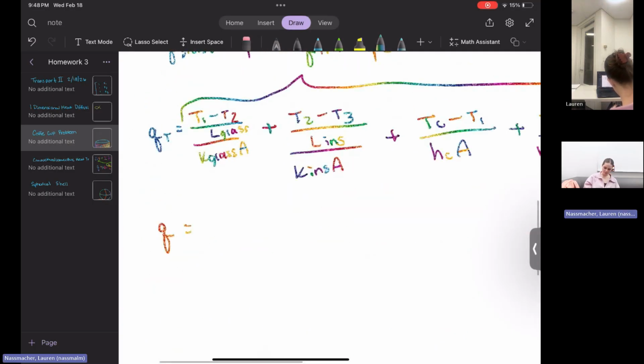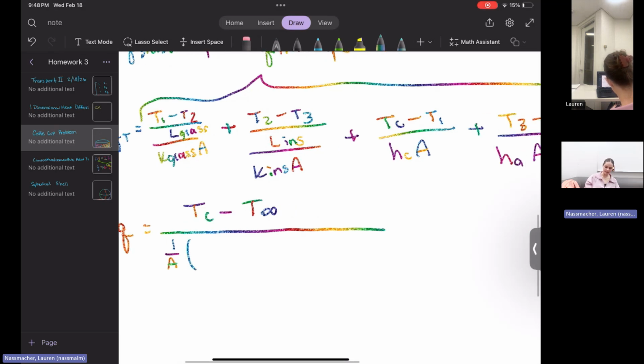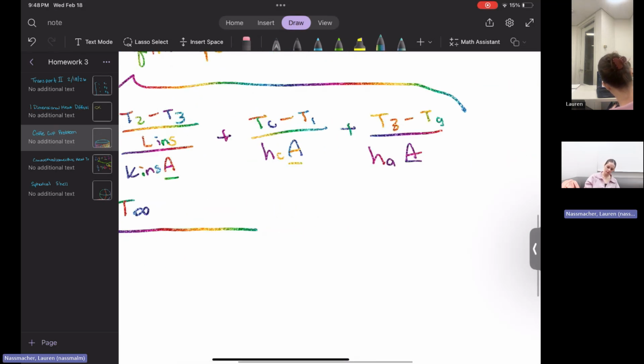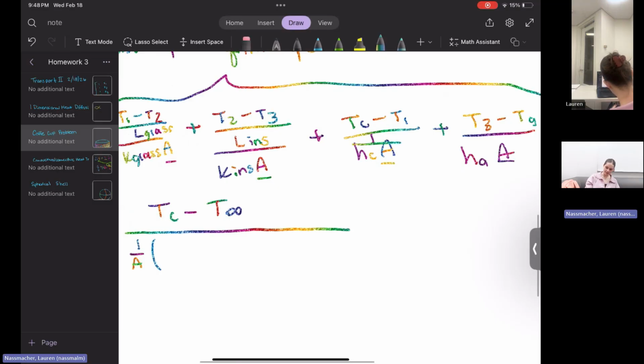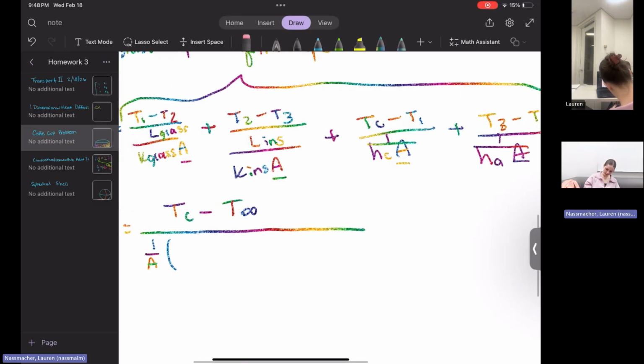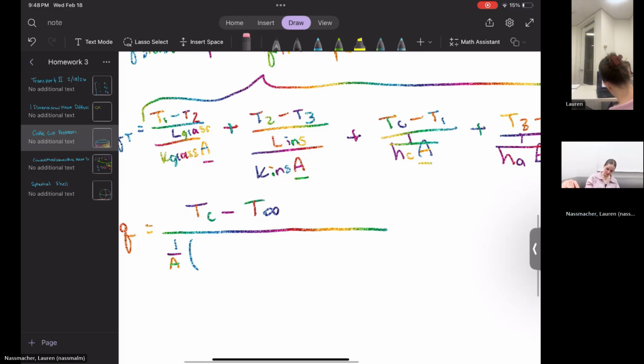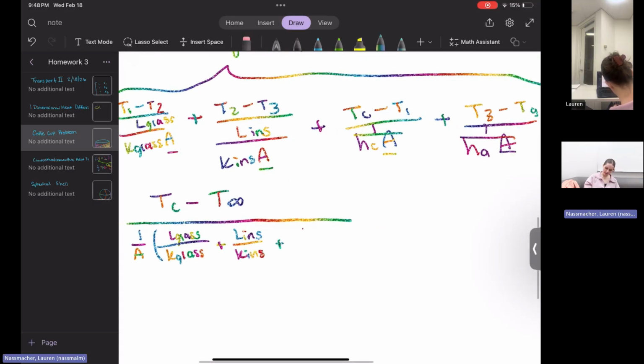So we can just do the change in temperature is temperature of the coffee minus temperature at infinity, divided by 1 divided by area, because each of these has an area in it, multiplied by, oh, forgot to put this one under that, multiplied by our length, the glass, thermal conductivity of the glass, length of the insulation, the thermal conductivity of the insulation, heat transfer coefficient of the coffee and the air.